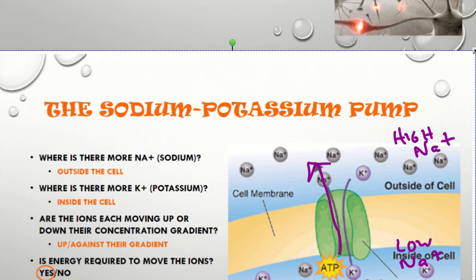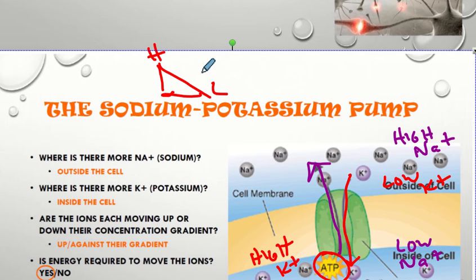In contrast, when we look at the potassium ion, we have a lower concentration of potassium ions outside the cell and a higher concentration of potassium ions inside the cell. So as sodium ions are being moved out, potassium ions are being moved in. In order for this to happen, when we're going against the gradient, going from low to high, this requires energy. So we would say that this goes up the gradient, or we would say it goes against the gradient.